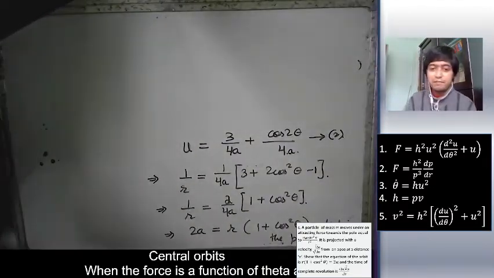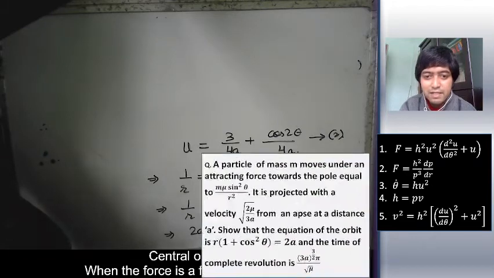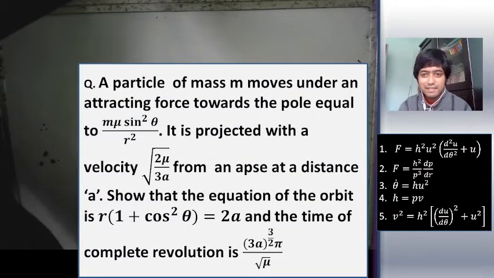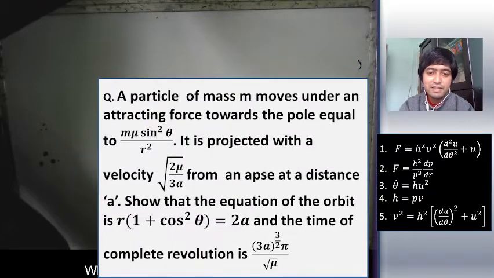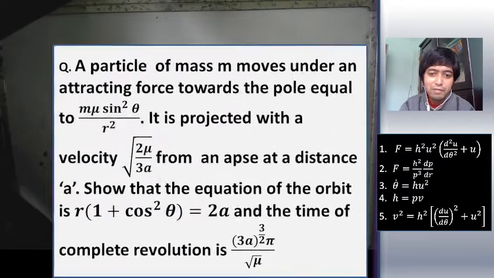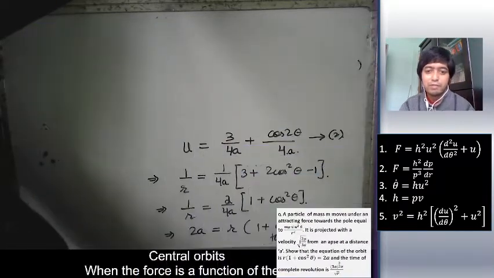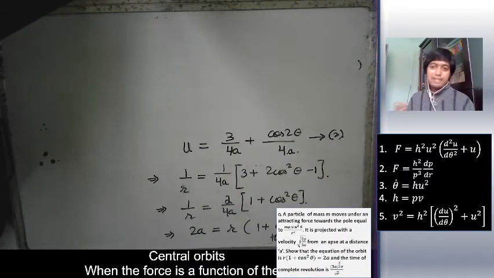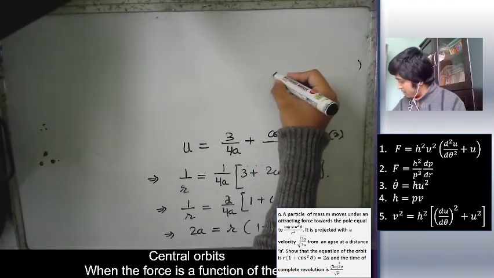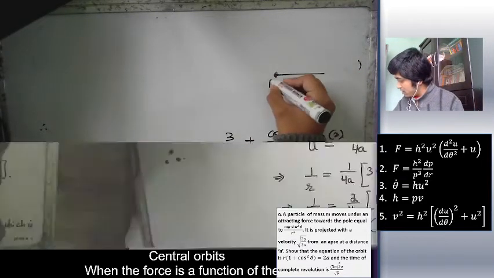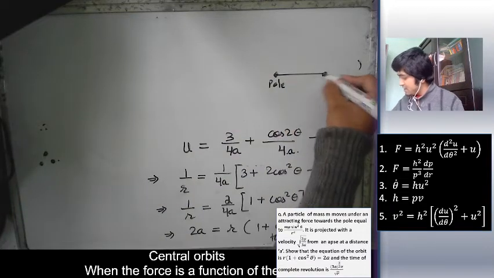So we have solved the first part of the question. Now let us take a look at the second part. We also show that the time of complete revolution is 3a power 3 by 2 pi upon root mu. How exactly do we find the time of revolution? Remember that we have the pole, and this one is the initial line.